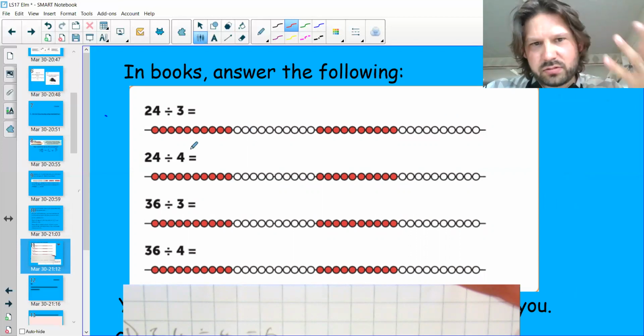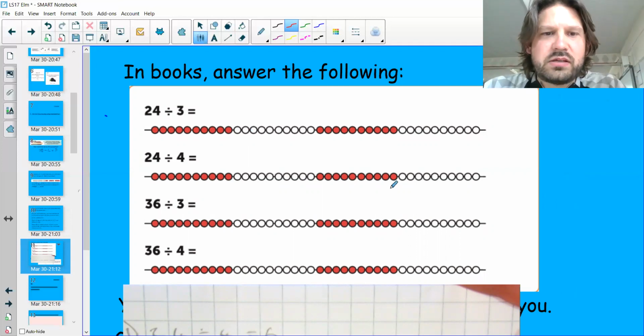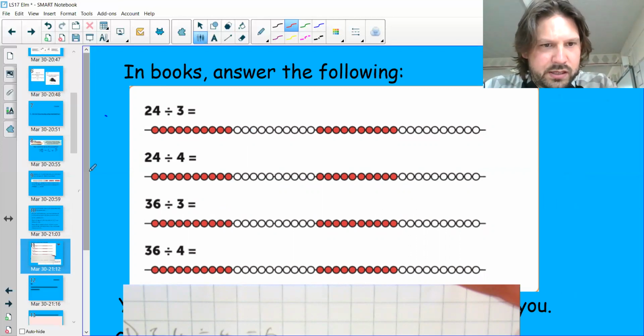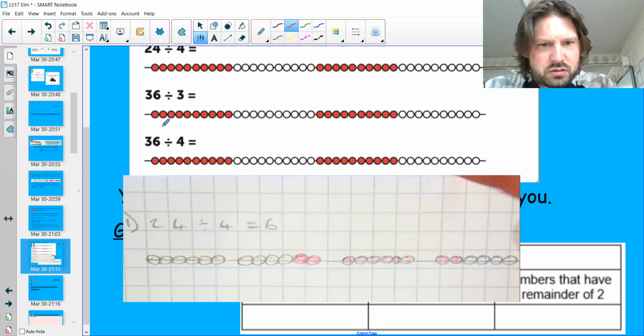So in books, answer the following. Now, we can't do this as easily because we don't have the bead strings, but 24 divided by 3. So you're going to separate, and you're going to do it a bit like this. You can see I've drawn in groups, 4 groups here. I've got 4 groups of 6 beads, but 24 divided by 4 is 6, and I've got 6 groups, and I've shown it on the line.